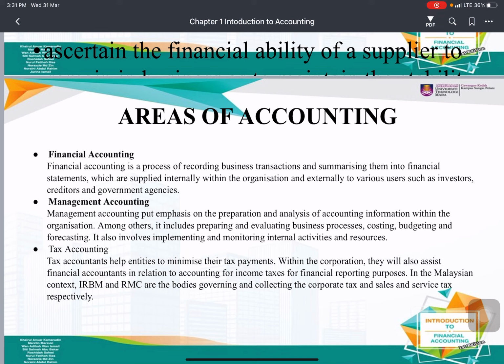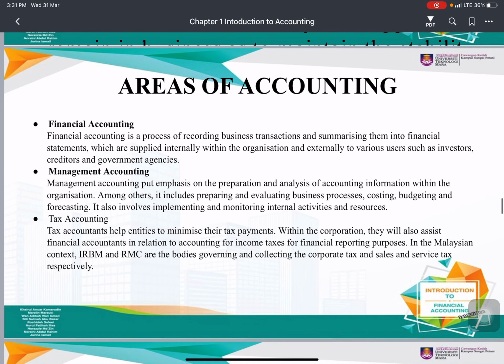We prepare documentation day to day, and then we make a financial statement for the users of the financial statement. So next, what is management accounting? See the word management. So this accounting information is going to be used for the management. It emphasizes the preparation and analysis of accounting information within the organization. So this information is good for the management.